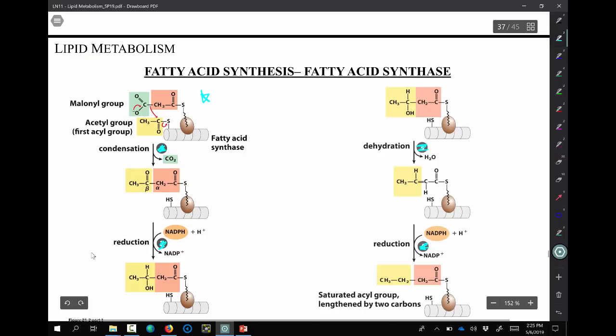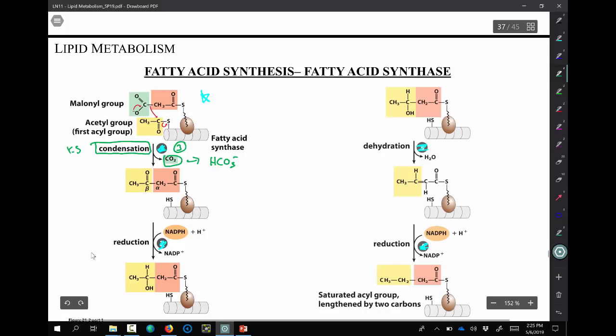Okay, you'll notice here as we go through this, this is that third step, condensation. CO2 is broken off in this, and that will be converted to HCO3 through a couple of processes in the cell. Okay, that's our condensation step. Again, KS does that.